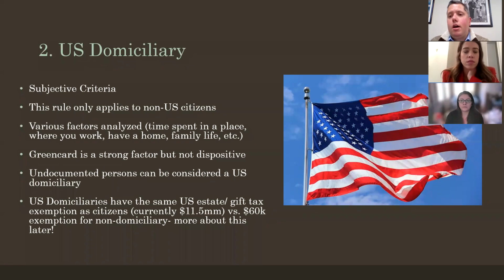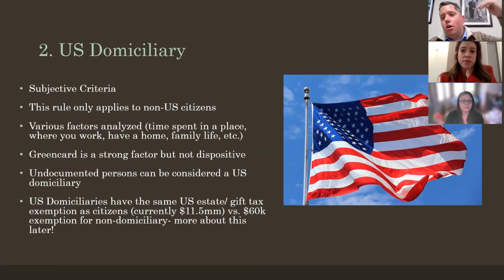So you might have heard a lot of things going around about death taxes, things like that. Luckily, if you're a U.S. citizen or a U.S. domiciliary, non-citizen domiciliary, you have an exemption. Each individual has an exemption currently set at $11.7 million. If your estate is under $11.7 million, you pay zero U.S. estate tax.